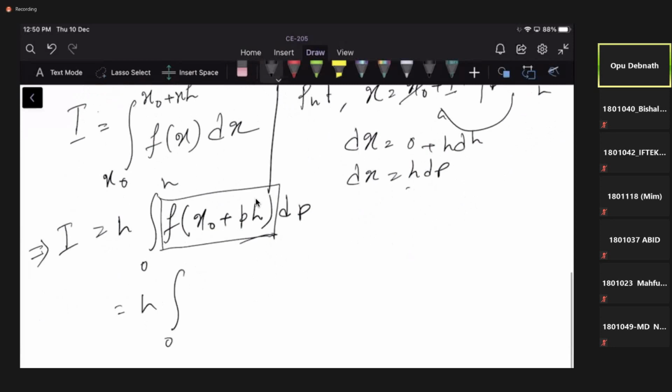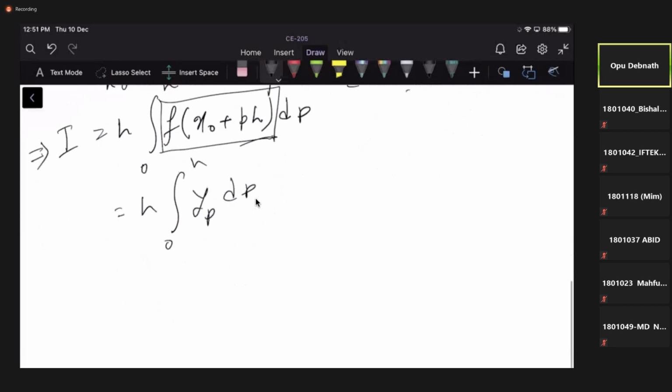This function is actually nothing but yp dp. So after summarizing, you will find I is equal to integration 0 to n of h yp dp.